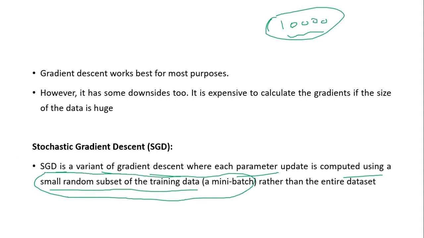A mini batch will be taken rather than the entire data set. The process remains the same, but we will not be taking the entire data set, only a mini batch. Now you know that if you take a smaller number of samples, then the computation time can be saved. So that is the process in stochastic gradient descent.